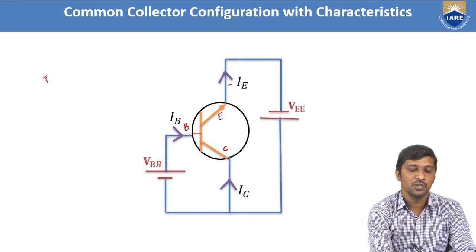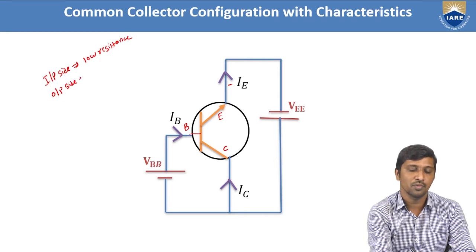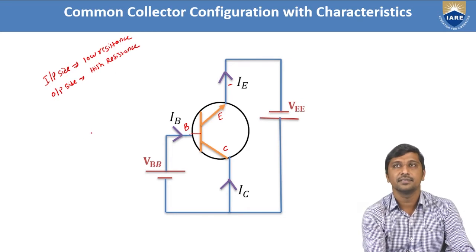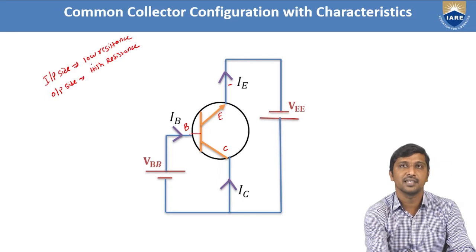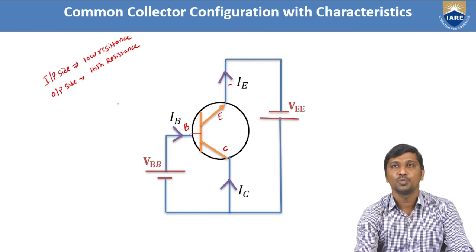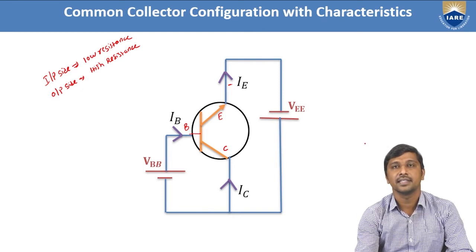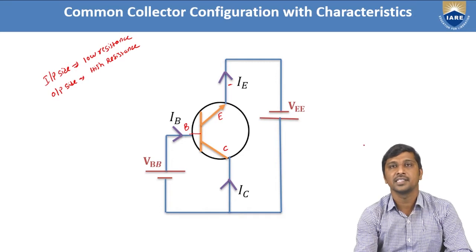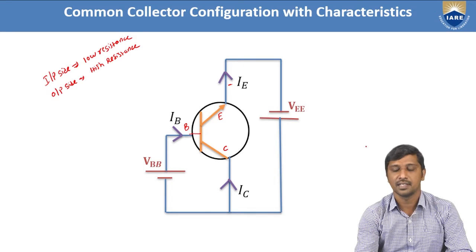Hence, we need to offer a low resistance on the input side and a high resistance on the output side. To make the resistance across the input junction and the output junction, we need to recall the PN diode operation.